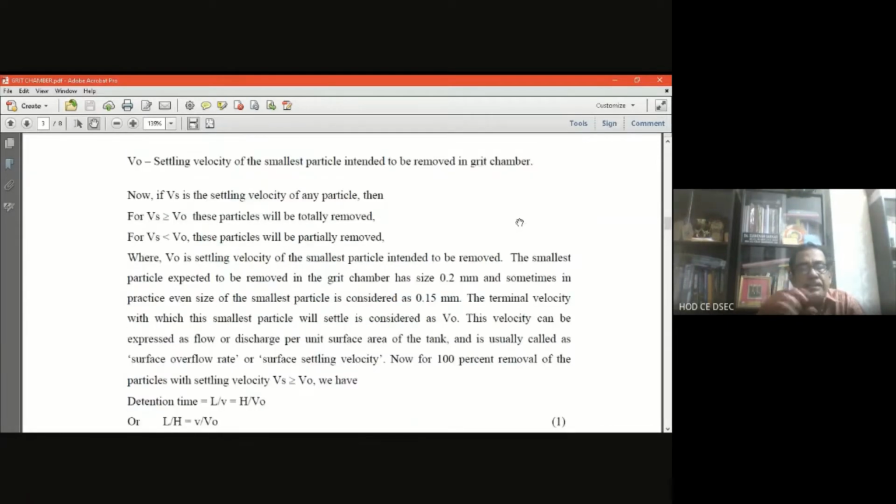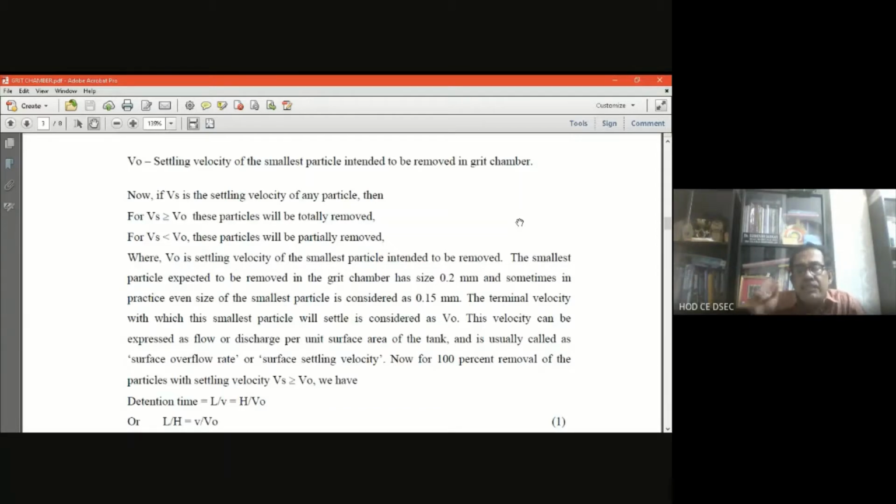So what is the concept of V0? It is the settling velocity of the smallest particle which is intended to be removed. The smallest particle expected to be removed in the grit chamber has a size of 0.2 millimeter, and sometimes in practice the smallest particle considered is 0.15 millimeter.